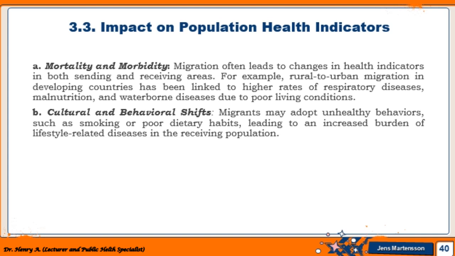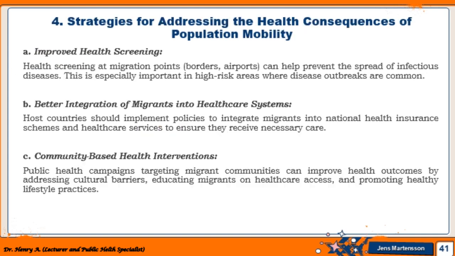These changes can increase the prevalence of lifestyle related diseases such as cardiovascular disease in the migrant populations, and then very soon become transmitted in host communities. So that is that on the impact on population health indicators.